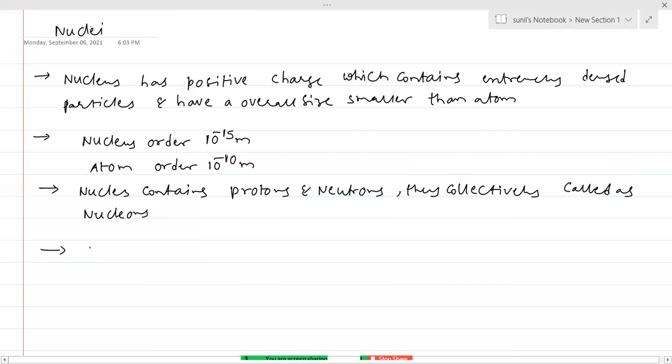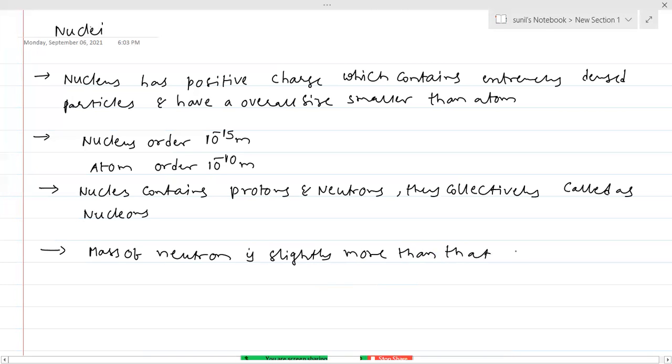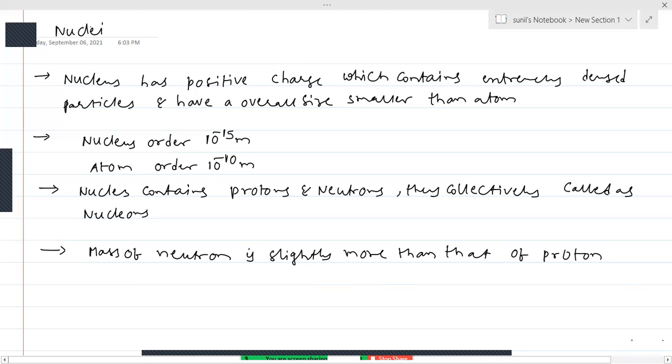And we know that the mass of the neutron is slightly more than that of the proton.